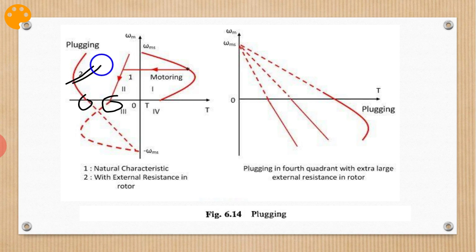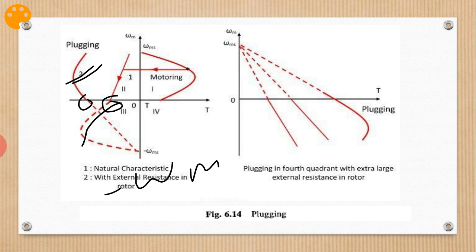Now when we want to stop the motor, if you look at this characteristic, as soon as it reaches here, it will be accelerated in the reverse direction, because this is the speed in reverse direction. It will come into the third quadrant and the motor will be driven in the reverse direction.